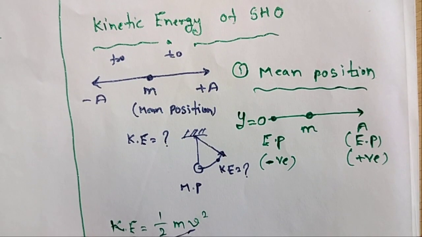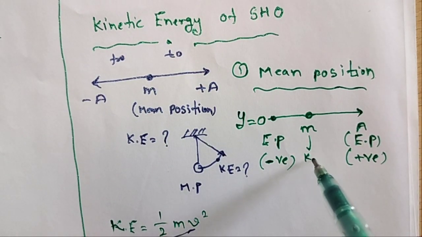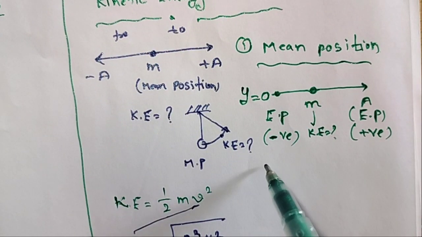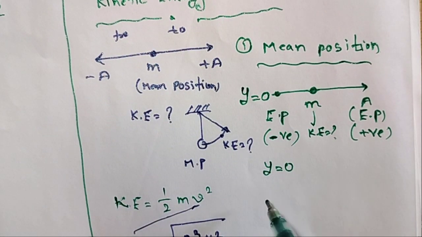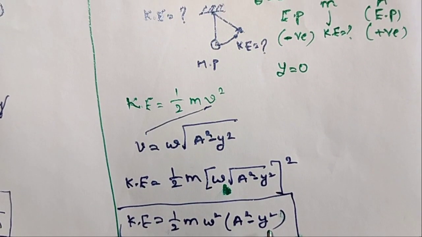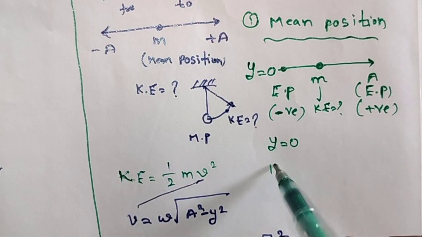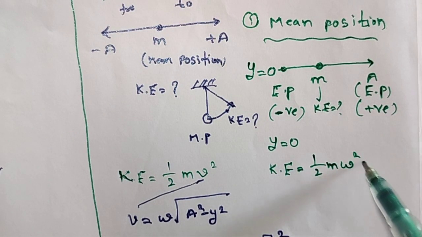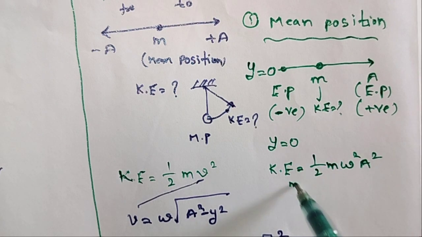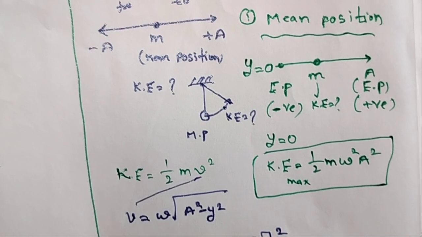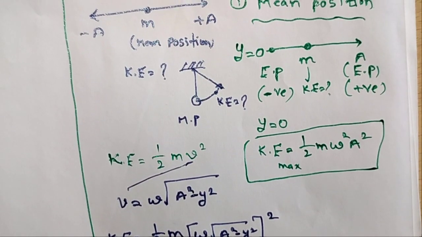What is the kinetic energy at the mean position? Here the displacement y is equal to 0. Therefore, substituting in the kinetic energy formula 1 by 2 m omega square into a square minus y square, the kinetic energy is equal to 1 by 2 m omega square a square. At the mean position, the kinetic energy is maximum.